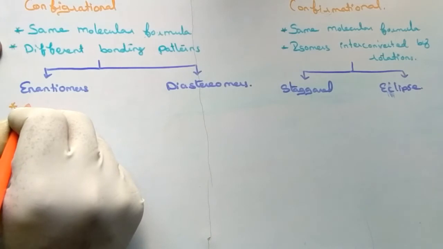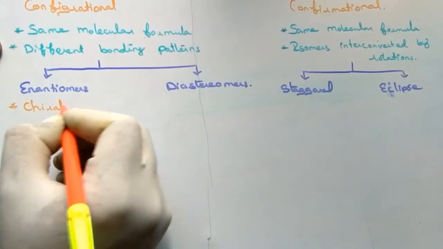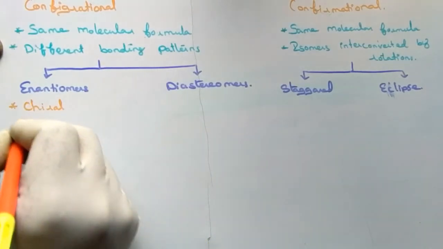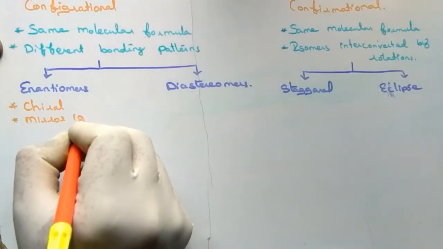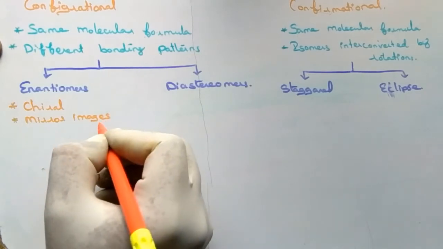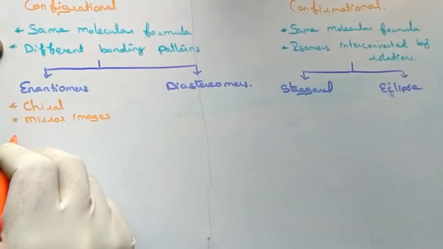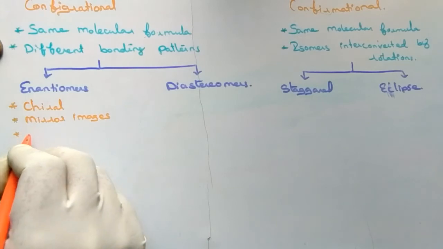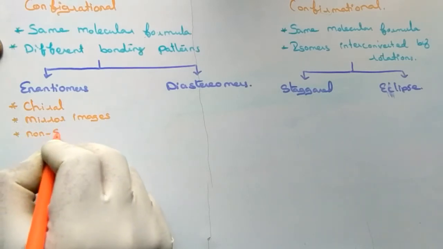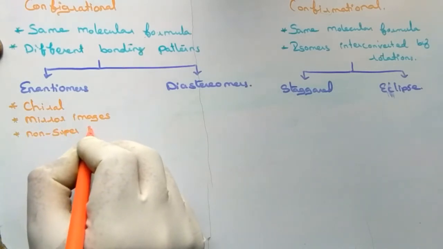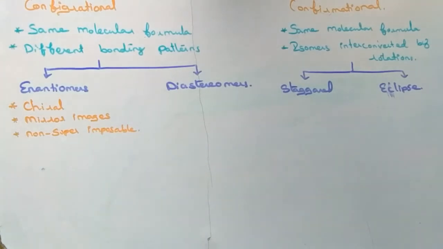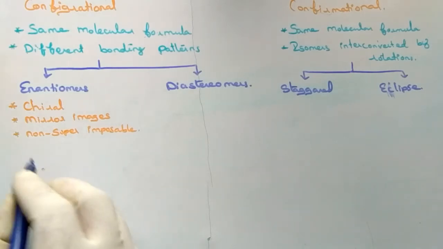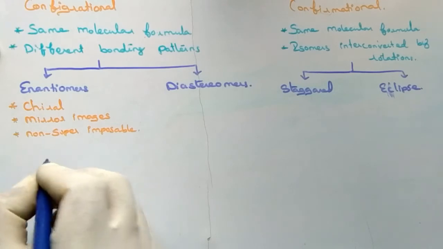Enantiomers are compounds that have chiral carbons. As I told you already, a chiral carbon means the carbon is bonded with 4 different groups. Next, they are mirror images which are non-superimposable with each other. Let's see with an example. First, look at this compound.